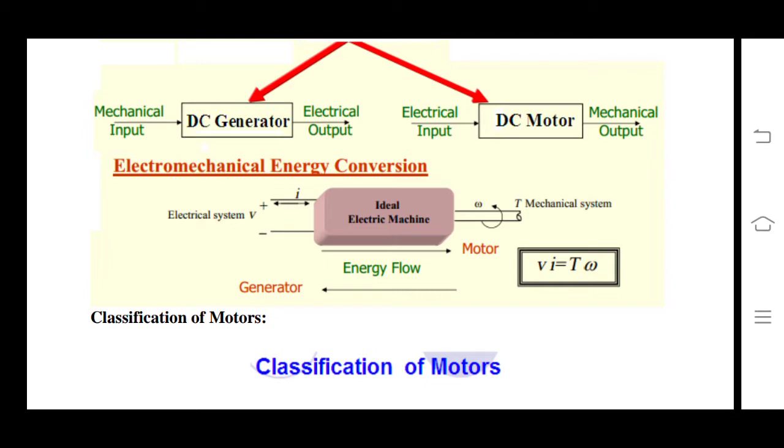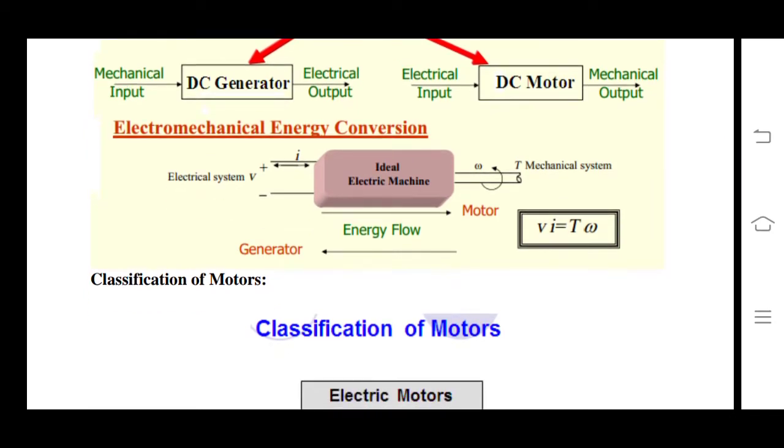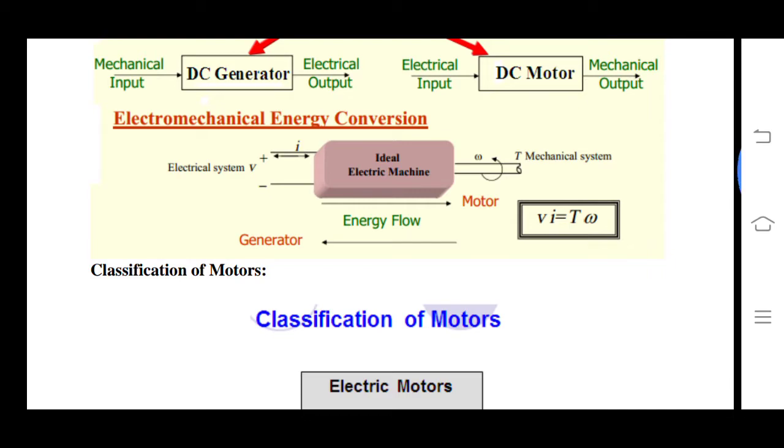So if it is a motor, the power flows from outside to inside of the machine. If it is a generator, the energy flows from inside to outside.